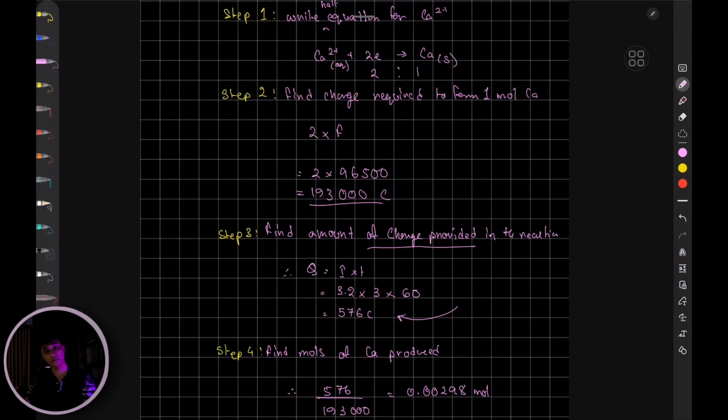Now remember, for 1 mole of calcium, I actually need 193,000 coulombs of charge. However, you are providing only 576 coulombs of charge.